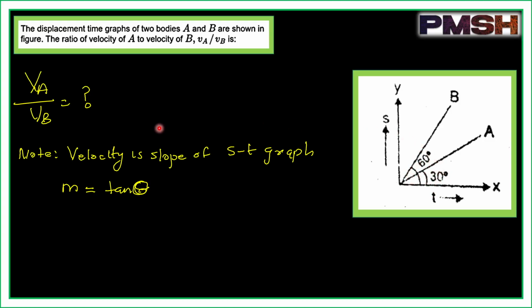Okay, so we can write VA by VB as tan theta A by tan theta B. What about theta A? What is your theta A and theta B? This is your theta A and this is your theta B.